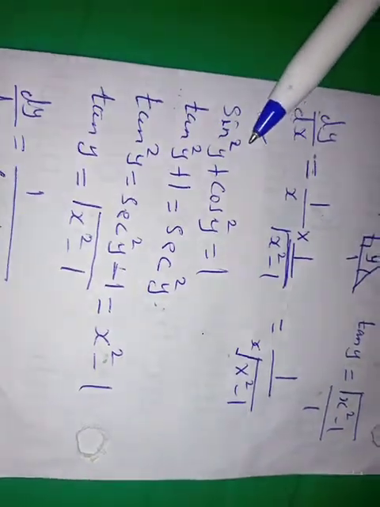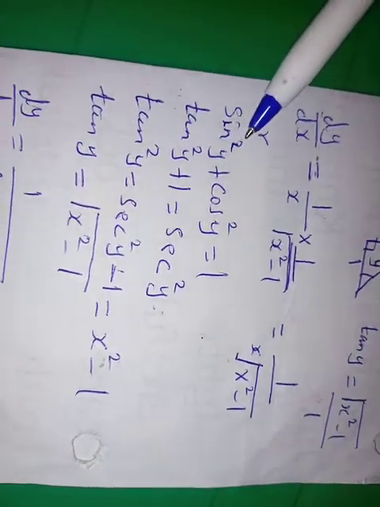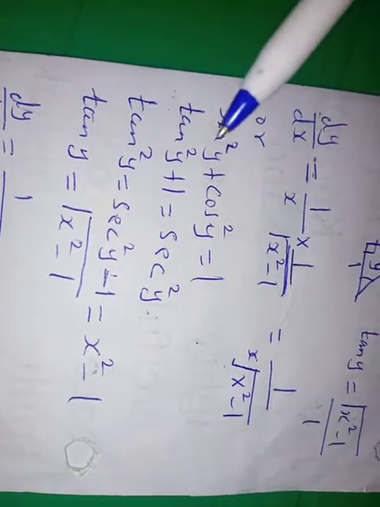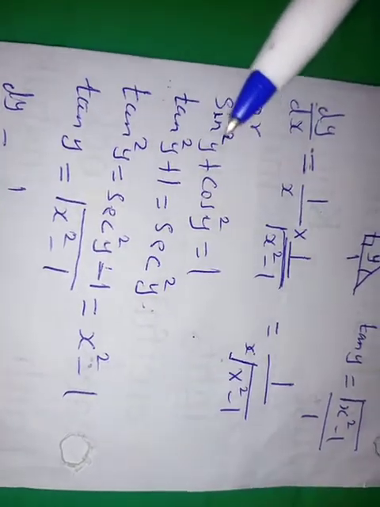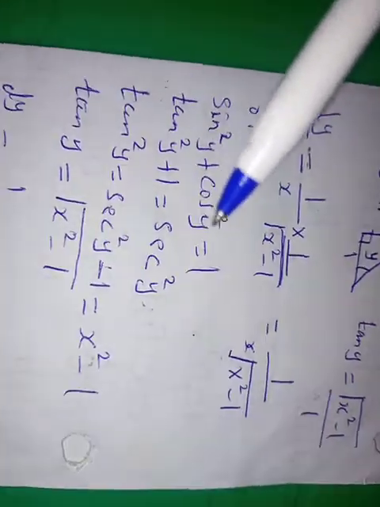Alternatively, we can use this fundamental trigonometric identity, which tells us that sin squared y plus cos squared y is equal to 1.